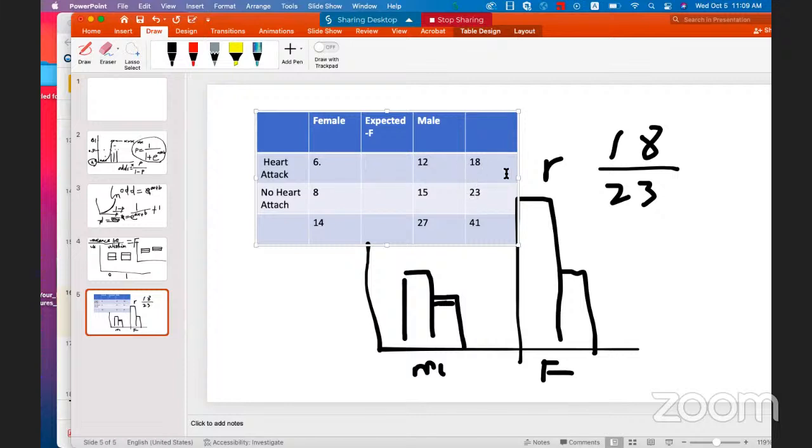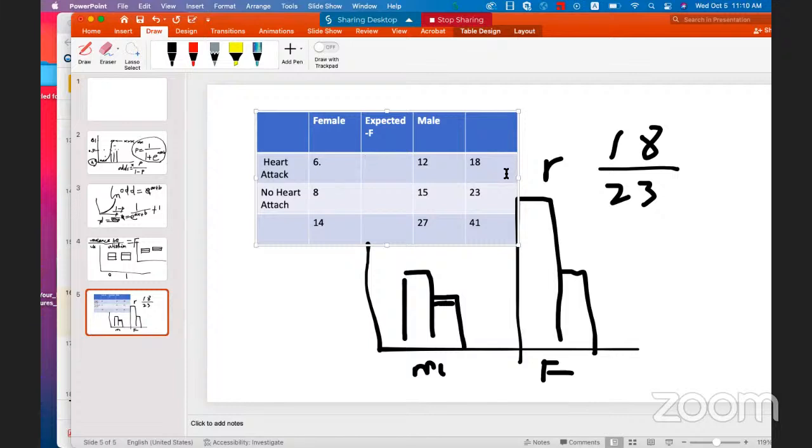Right? If this group had no difference with the male or with the whole population, then it should keep this ratio, 18 to 23, times the whole female population, 14.